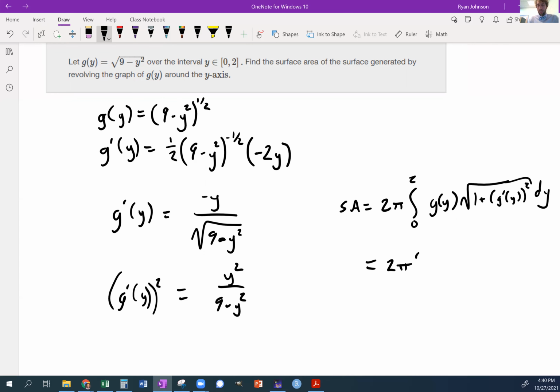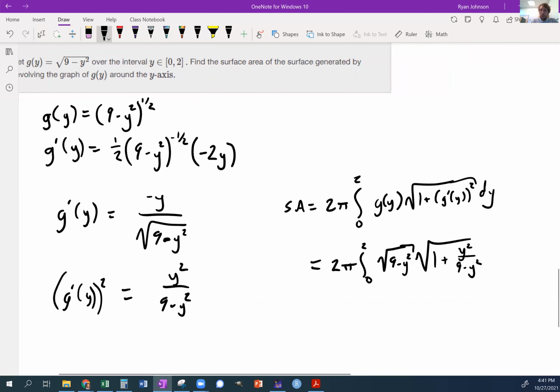So 2 pi integral from 0 to 2. g of y is the square root of 9 minus y squared, and then also times the square root of 1 plus y squared over 9 minus y squared, dy.